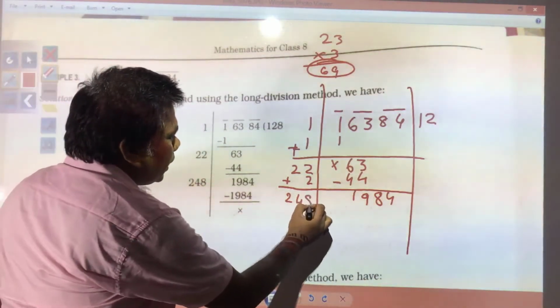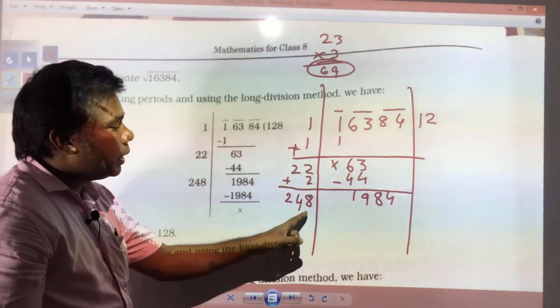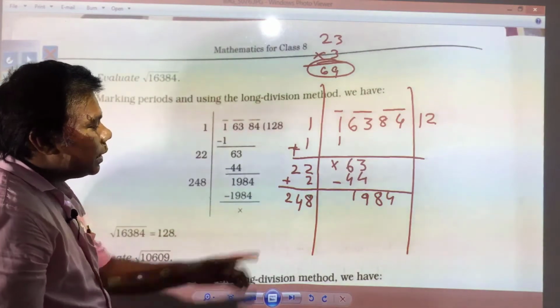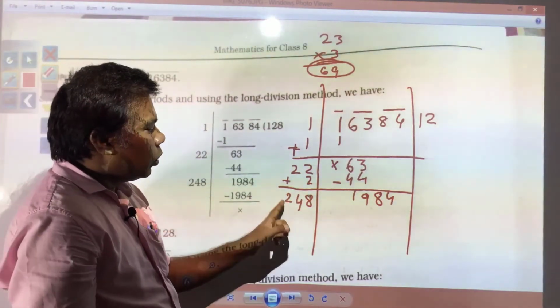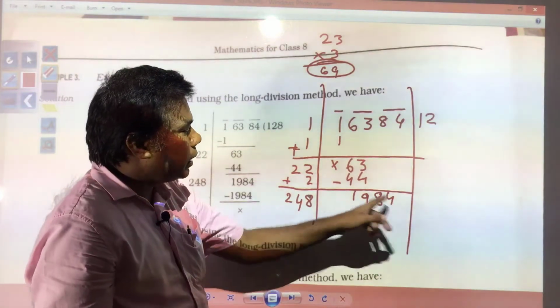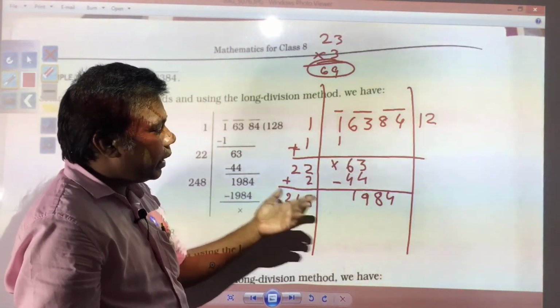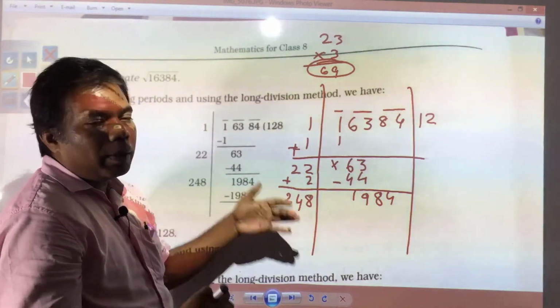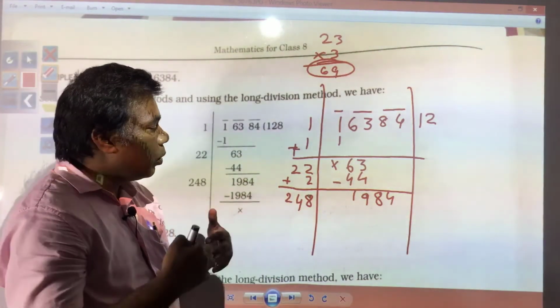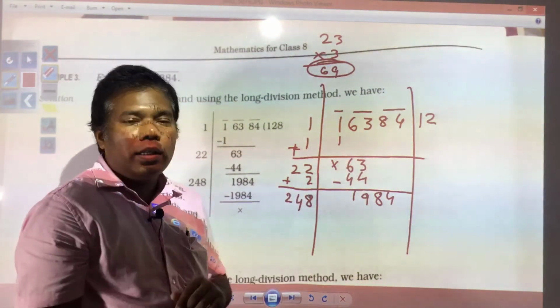So, these tasks are required to be done in rough work, so that you can multiply. Suppose you start with 245. So, you multiply 245 into 5, then you see whether that number reaches 1984 or not. Then you try with 6, 7, 8, 9. So, if you practice many times, automatically you may know which number will be multiplied and you will get the dividend.